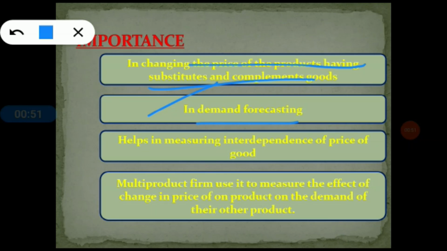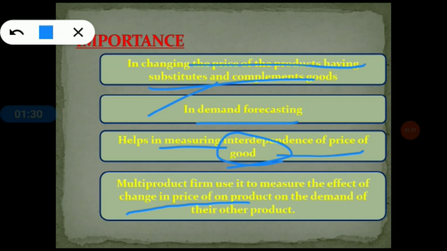Now going to the third importance, that is cross price elasticity helps in measuring the interdependence of the price of the goods, because substitute goods and complementary goods are interdependent to each other. So it obviously helps in measuring the interdependence of price of the product. And last but not the least, a multi-product firm uses cross price elasticity to measure the effect of a change in price of one product on the demand of another product, because in this case there are two products.